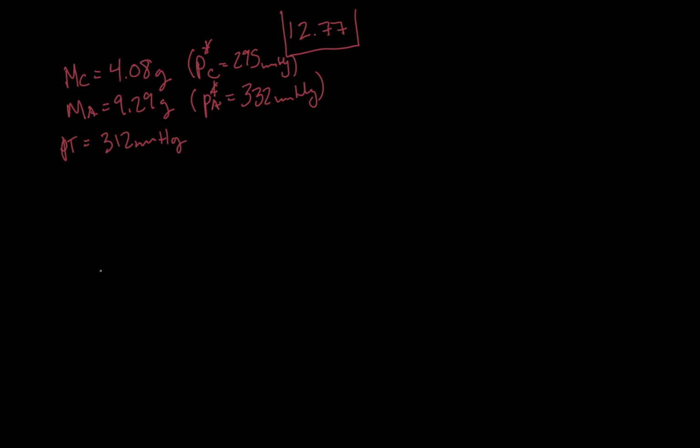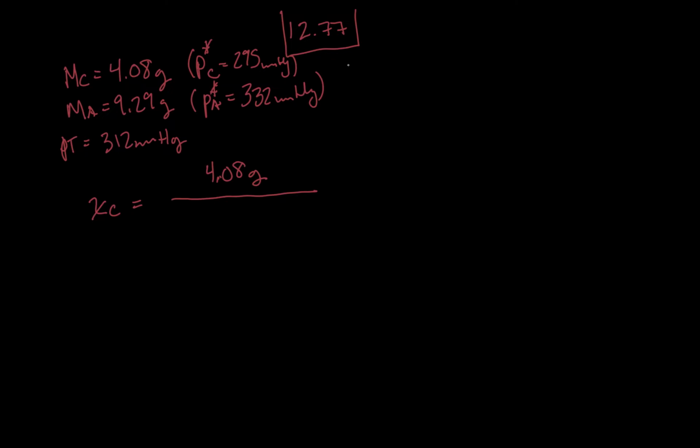So let's calculate the moles of... you know what? Forget it. Let's just go for a mole fraction of chloroform. We're going to get 4.08 grams, and we're going to divide that by the molar mass.